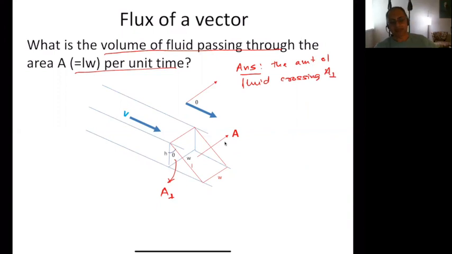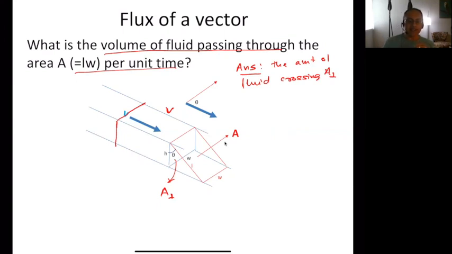So how do I find that? Well, the velocity of the fluid is v meters per second, right? So in 1 second, how much fluid is going to cross A perpendicular? It would be a column of fluid which has length v. That is the amount of fluid that will pass through A perpendicular in 1 second, right?